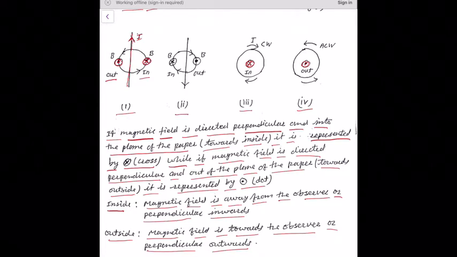In figure second, when current flows in the wire in downward direction, then the right hand side of the wire is represented with a dot, means outward, and the left hand side with a cross, means inward direction. Okay, clear?